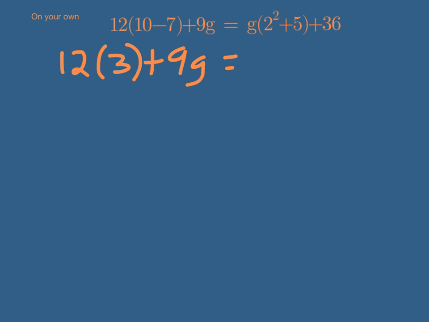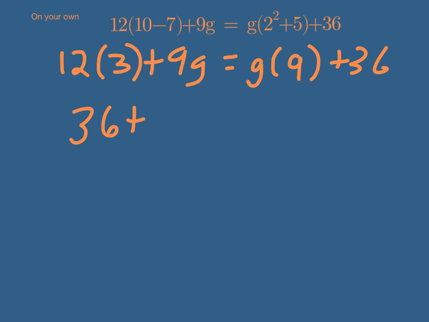equals, in the parentheses, we have an exponent of 2 squared, and 2 squared is 4, plus 5 would give us 9, plus 36. Now I need to go through and do some multiplication. So 12 times 3 would give me 36, plus 9g on my left side.